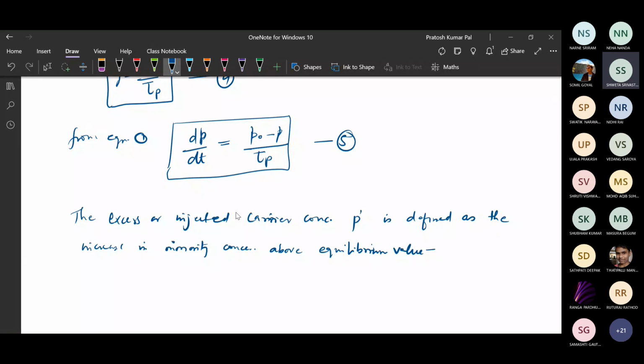So p dash is the amount of increase over the equilibrium value, that is p naught. So p naught to p dash, it has increased.